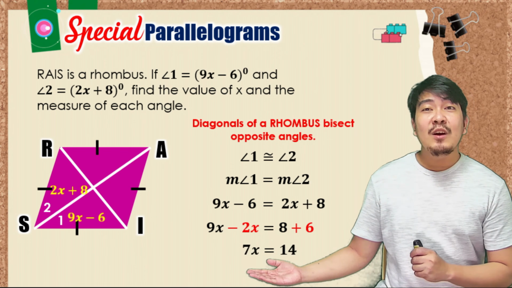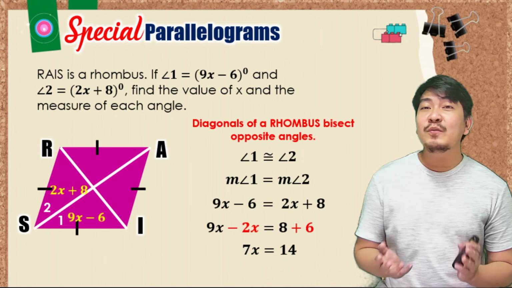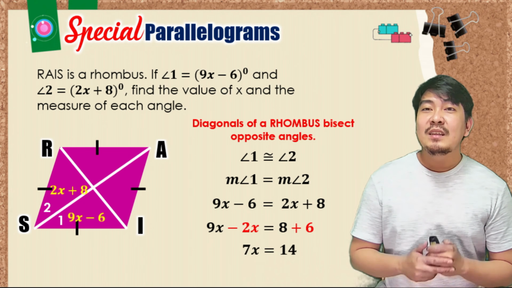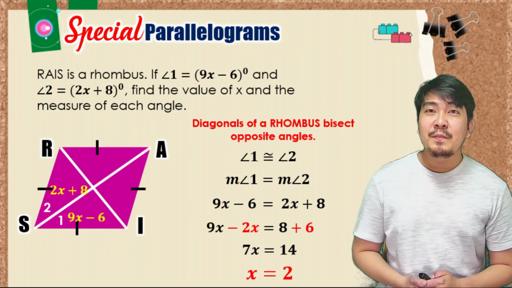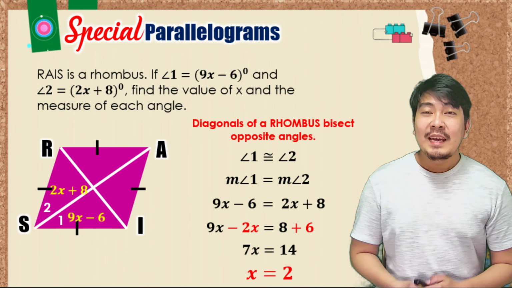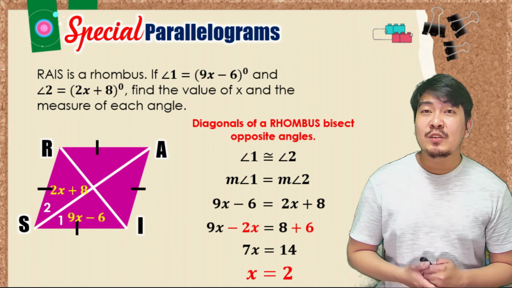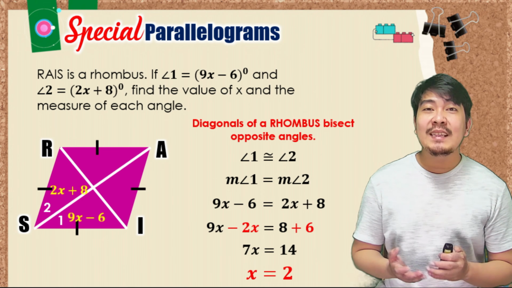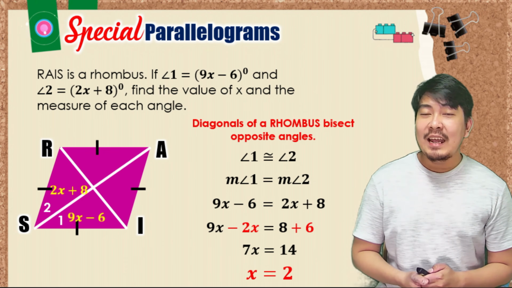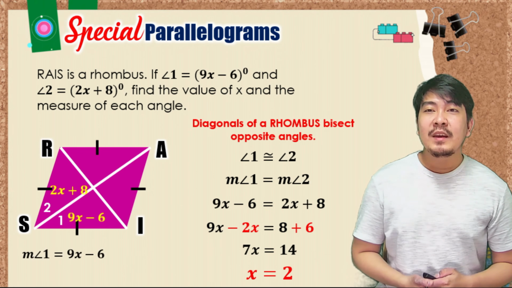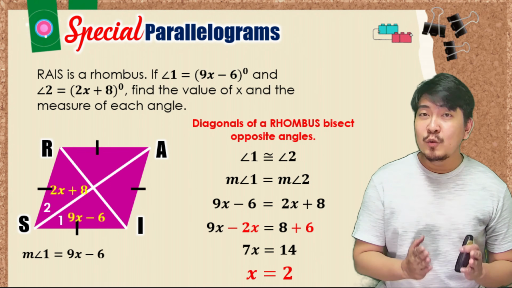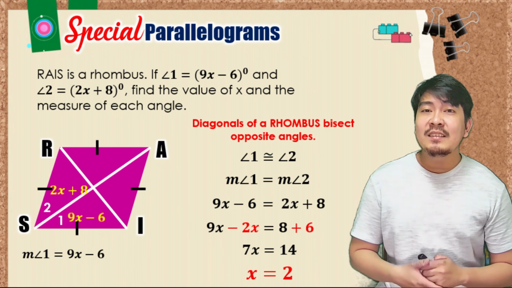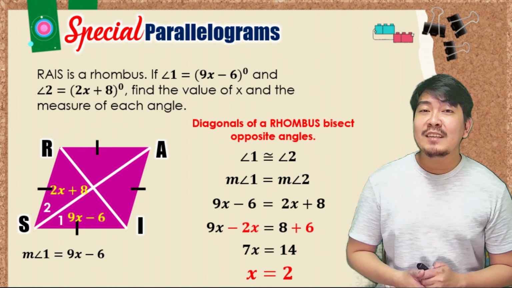To get the value of x, we need to divide both sides of the equation by 7. Dividing by 7, that will be x is equal to 2. That will be the result. This will not be the endpoint of our solution since we are asked to find the measure of each angle, angles 1 and 2. So to do that, we just need to substitute x equals 2 to one of the angles. So the measure of angle 1 is 9x minus 6.